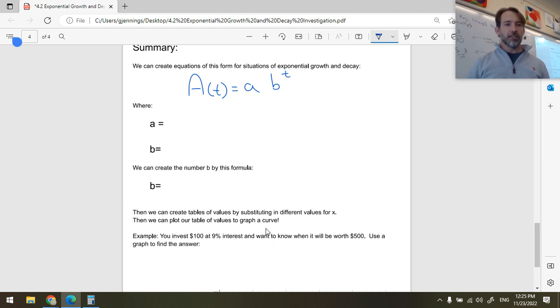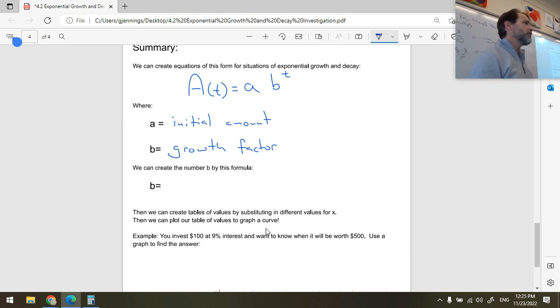And A, this is the initial amount, and B is our growth factor. And T is your unit of time.